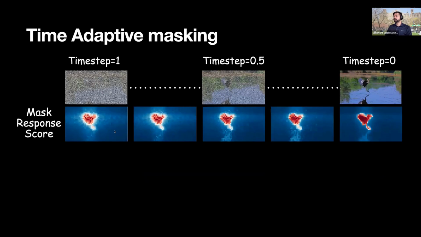The redder region means it's highly related to this object, and we observe that this actually spills or bleeds, and as we go towards the noise, the object presence is actually increasing, and this happens because there's a lot of self-attention throughout different layers and time steps that have happened.